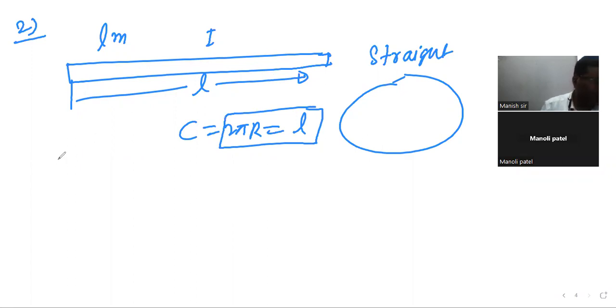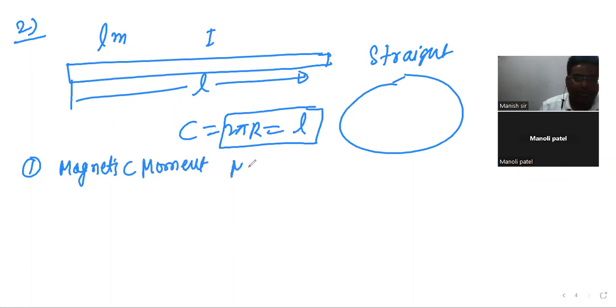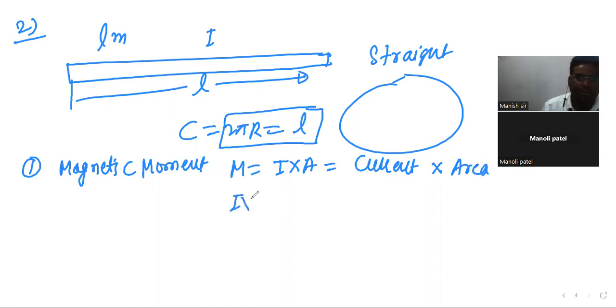So let's see. Remember this basic formula: magnetic moment is equal to current into area, so it is I into A. As we know, the area of a circle is given by pi r square.